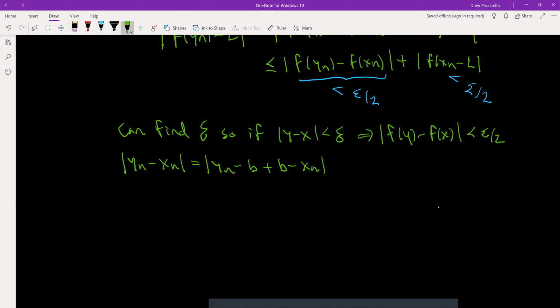And that's just adding 0 in the form of negative b and plus b. And that's less than or equal to the absolute value of yn minus b plus the absolute value of b minus xn. And we need this to be itself less than delta over 2.